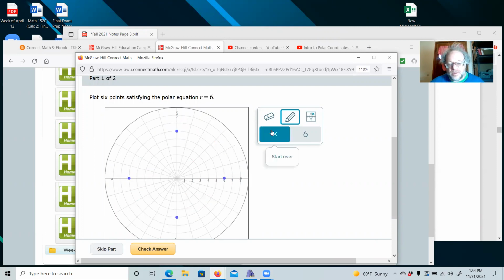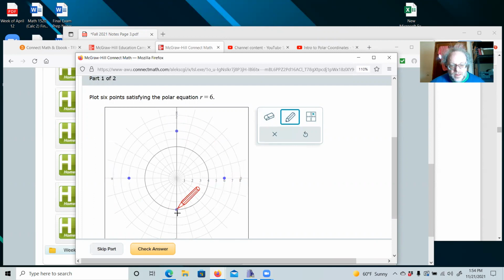Okay, nope, that's not right. Let's erase that one. Nope, I went there. Let's get rid of this again. All right, and all we need to do is find 2 more spots where r is equal to 6 and plot those.